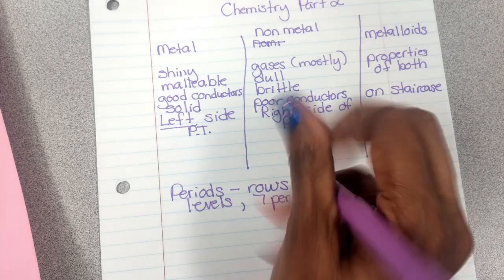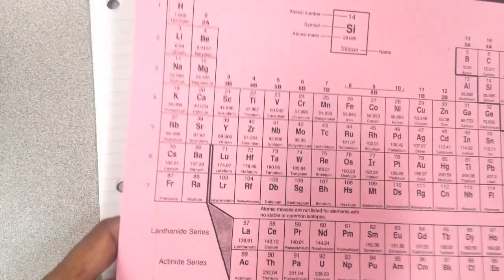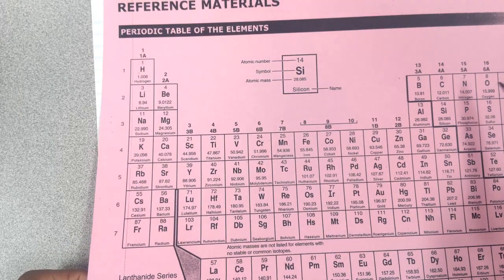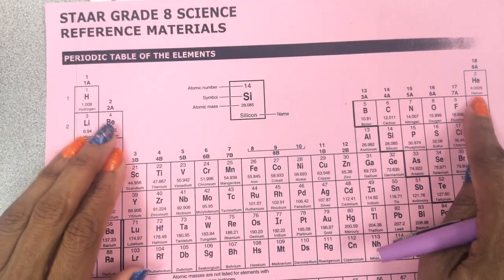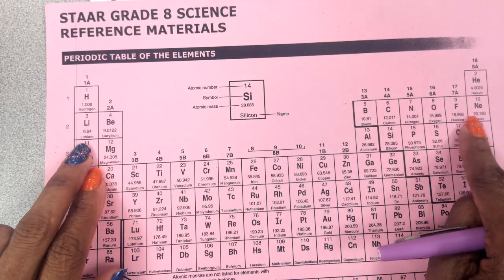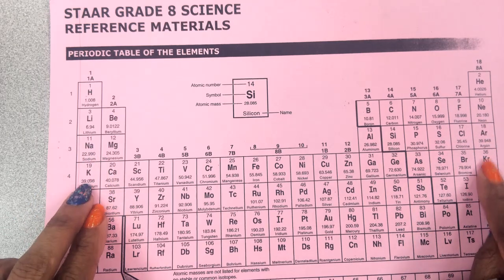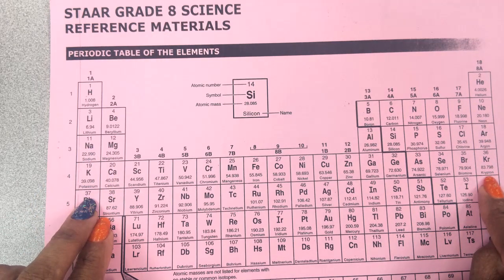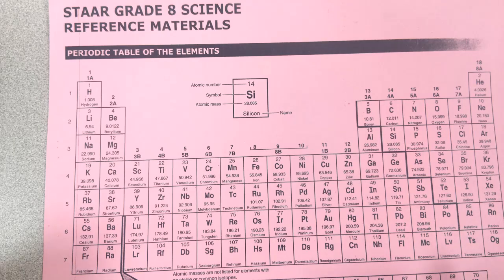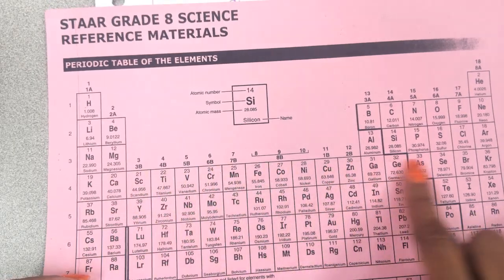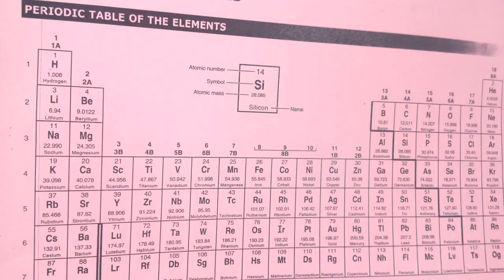Period 1 has one energy level, and that's just hydrogen and helium. Period 2 has 2 energy levels. Period 3 has 3 energy levels. Period 4 has 4 energy levels, and so on. So the rows that go across tell you the number of energy levels.